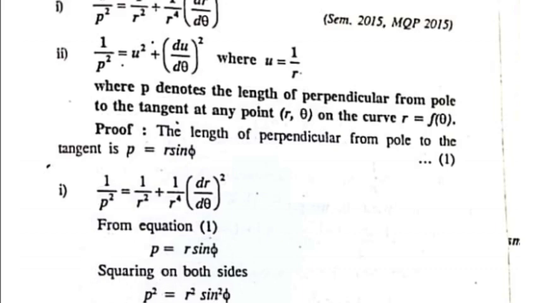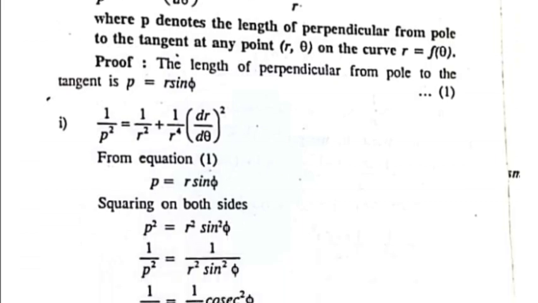Next, reverse this. So 1 by P square is equal to 1 by R square sin square phi. Then 1 by P square is equal to 1 by R square times 1 by sin square phi, which is cosec square phi. Cosec square phi can be written as 1 plus cot square phi, because 1 plus cot square theta is cosec square theta.